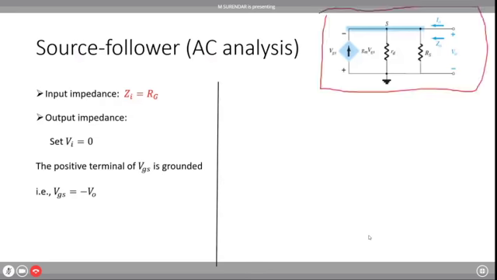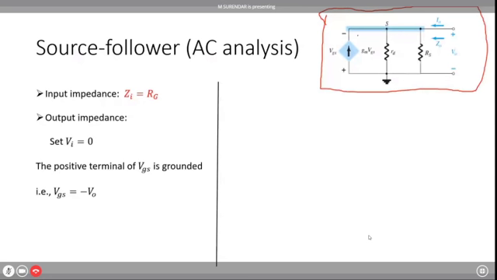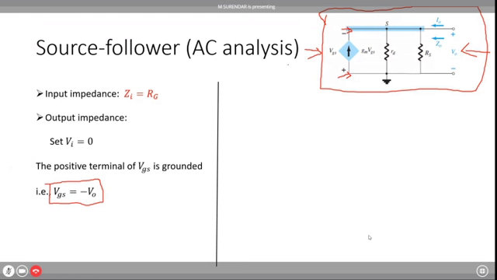You can clearly see that the voltage drop across these two terminals is minus VGS when I see from the left side, whereas when I see from the right side, it is V naught. So how V naught and VGS are related: V naught is equal to minus VGS, or VGS is equal to minus V naught. Here we have the relationship between VGS and V naught from this circuit.